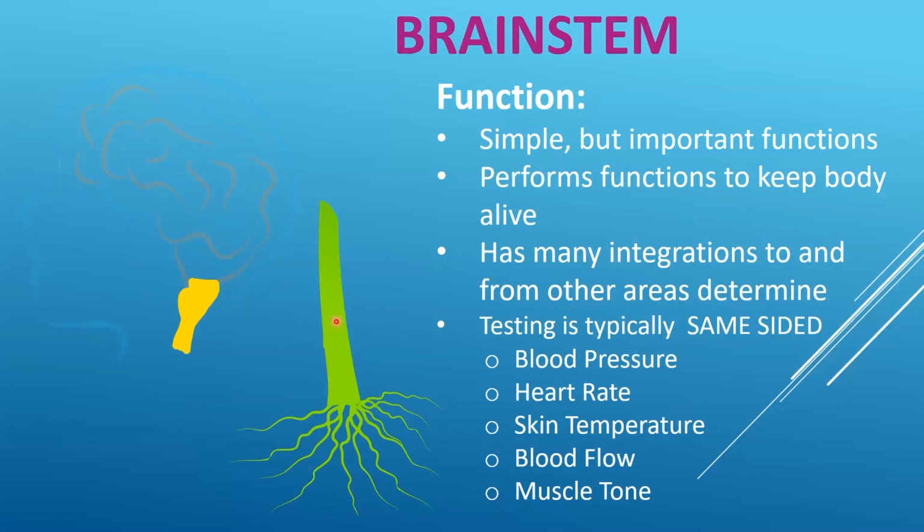The brainstem, like I said before, has important functions, but it's fairly simple and it's basically to help keep you alive. It regulates blood pressure, heart rate, skin temperature, the blood flow, the different tones in the muscles and such. So there's a whole handful of different things that happen with the brainstem.